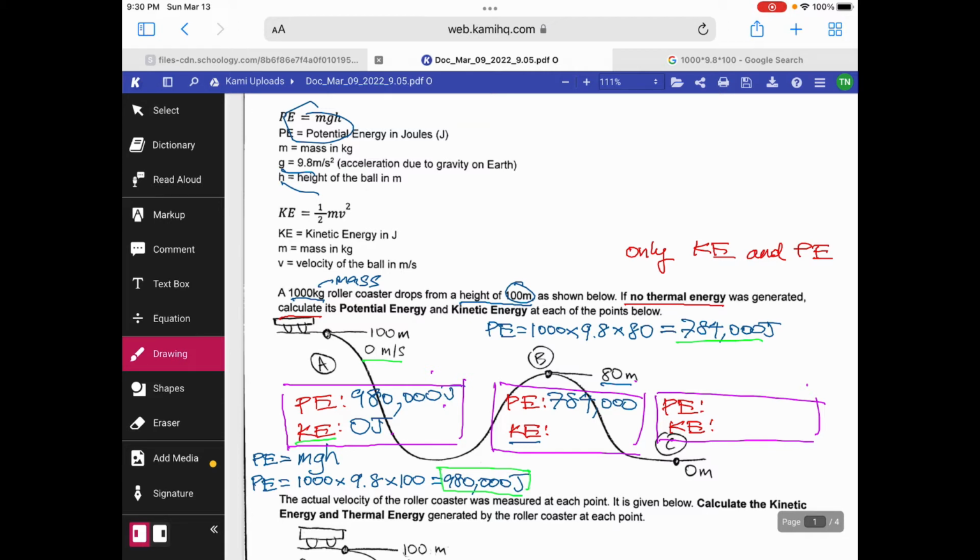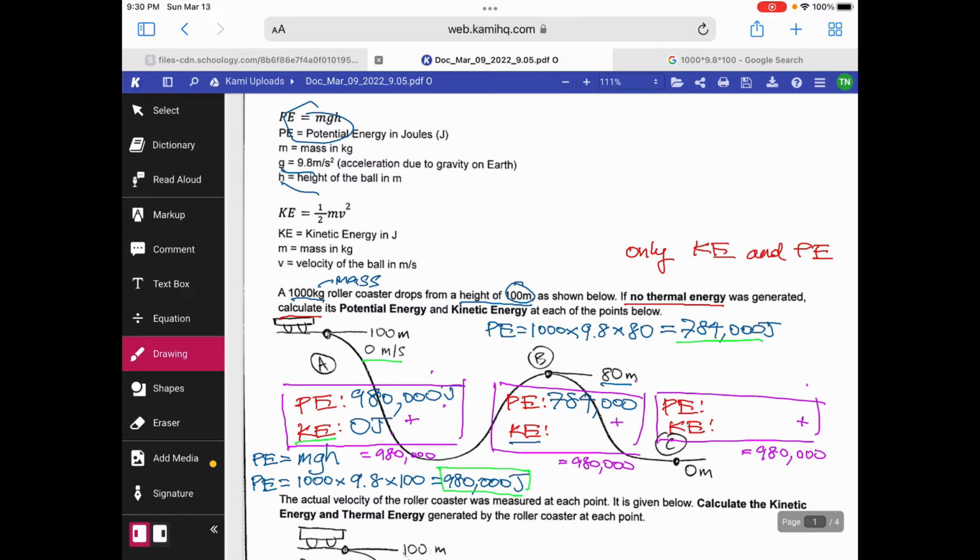So 980,000 plus 0 equals 980,000. And so these two numbers added together have to equal 980,000. And these two numbers added together have to equal 980,000.